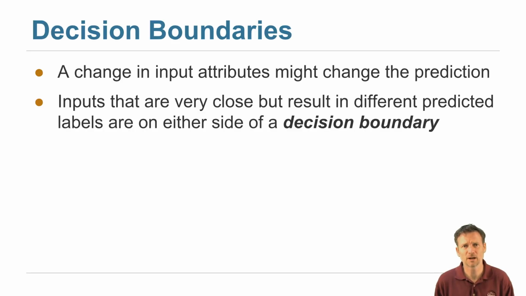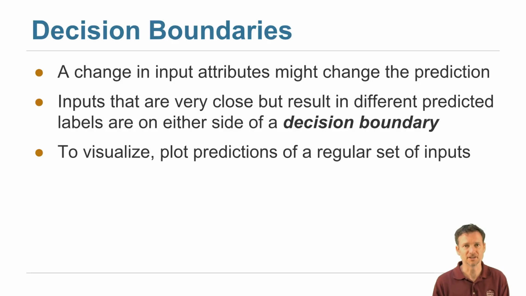Anytime you have two possible inputs that are very close, very similar, but end up with a different prediction from the classification rule, then we consider them to lie right on or near a decision boundary. So the decision boundary is a location where if you made a tiny change to the input, it would flip the classification from benign to malignant or malignant to benign.